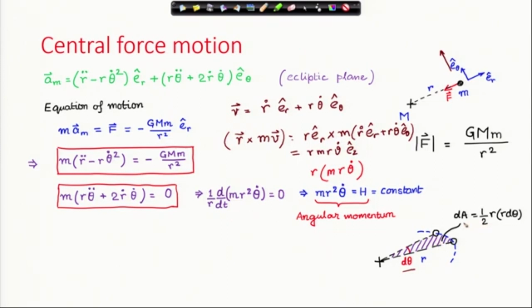The infinitesimal area swept is half the radius times r d theta. So, this is r d theta. Half radius times r d theta is the area of this triangle, and d theta means it is an infinitesimal change in angle. Therefore, the area of this roughly triangular region swept by this line segment is half r square d theta.